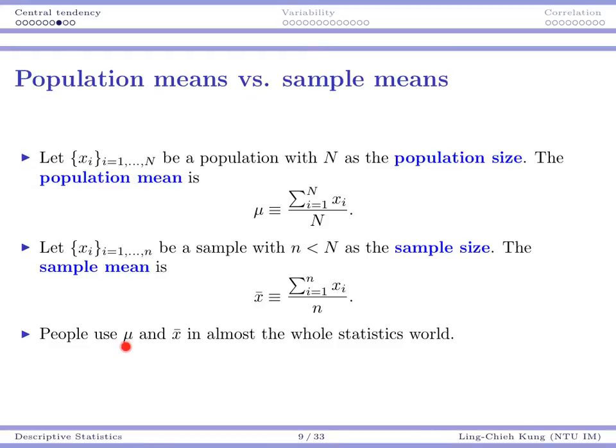Do not try to use them to denote other quantities, because that's quite confusing. Also, capital N and small n are adopted by many people to denote population size and sample size. So just a suggestion, please keep using them when you talk about statistics.